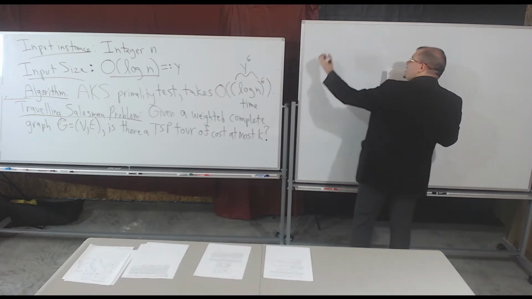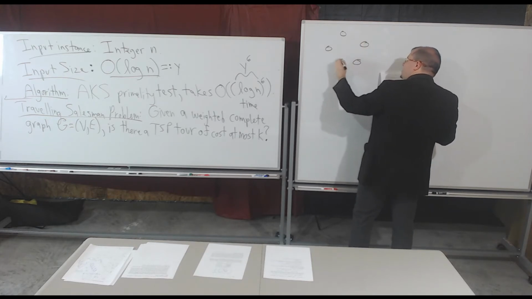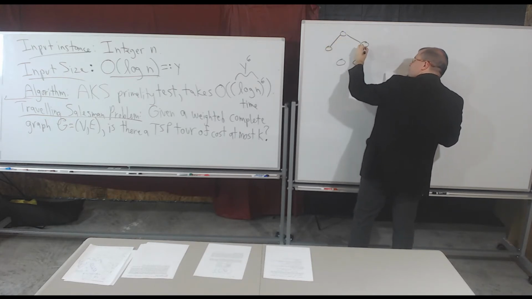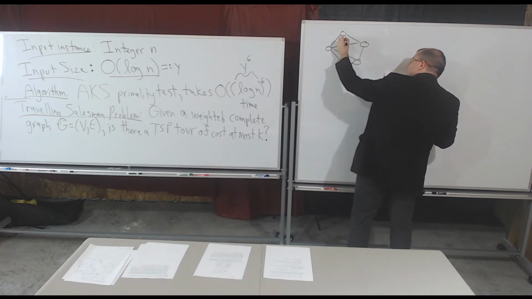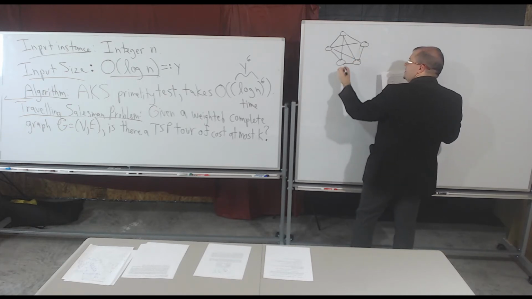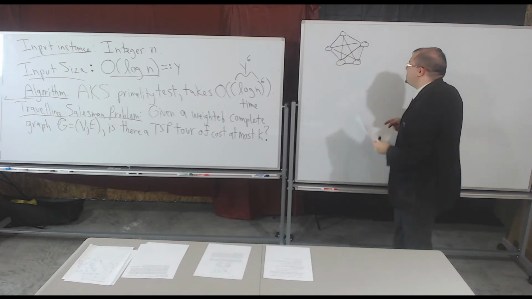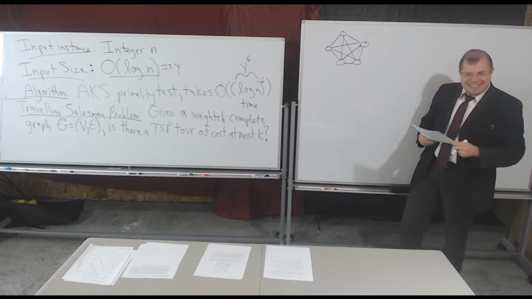So imagine I give you a graph. I'm just going to keep it simple, just have 5 vertices. I'm going to assume that every vertex is adjacent to every other vertex. Oh wait, I already have an edge there. I get a little ahead of myself. That one. There we go.